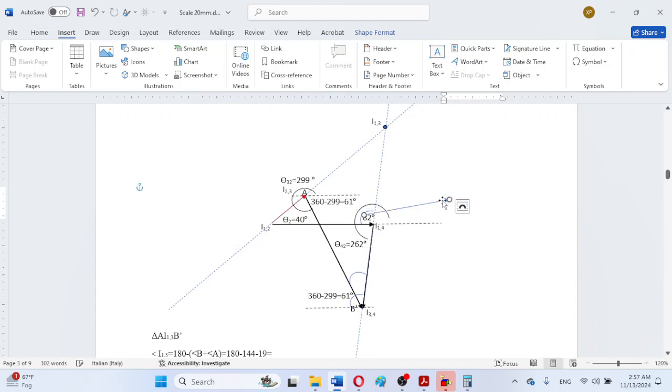To simplify the diagram, this is also equal to 82 degrees. So this angle will be 82 minus 61, because these two angles are the same.